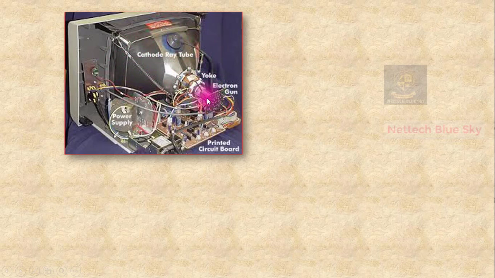This is very important, though some engineers do not show you these important parts. Behind it is the controlling part of the electronic gun, the electronic circuit board, and the yoke, which means a type of magnetic field that changes here.